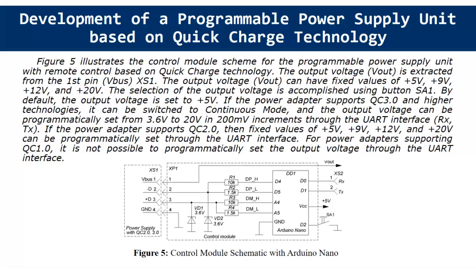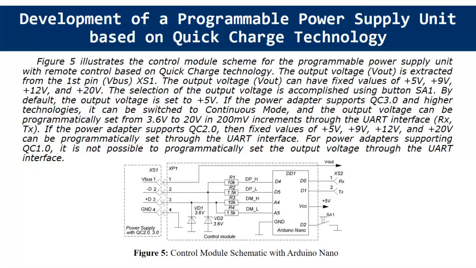The output voltage can have fixed values of plus 5 volt, plus 9 volt, plus 12 volt, and plus 20 volt. The selection of the output voltage is accomplished using button SA1. By default, the output voltage is set to plus 5 volt.